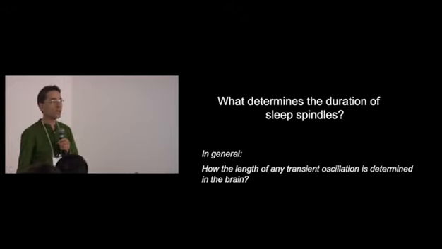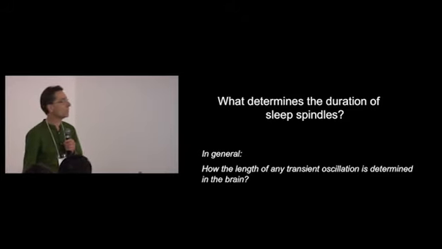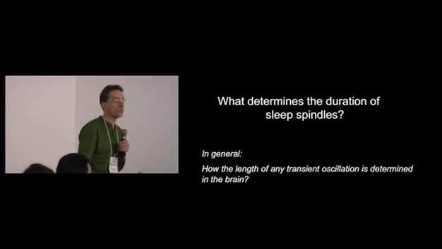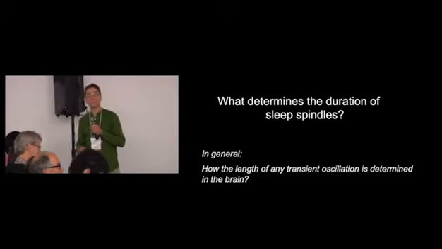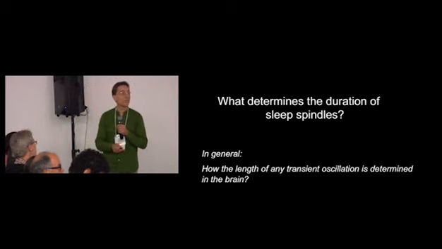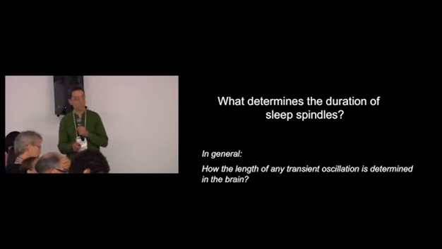Almost every oscillation in the brain is transient, be it gamma, sharp wave, or ripple. It starts and stops somewhere. We know many things about how it emerges and how it is maintained via the interaction of neurons, but we know very little about how the oscillation stops.